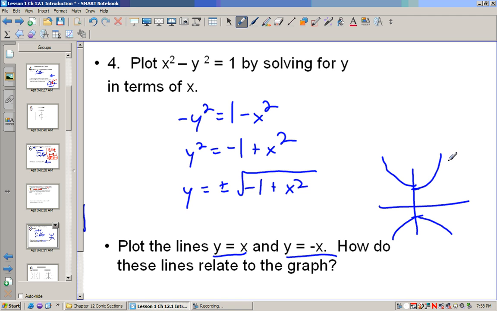And y equals x is going to be an asymptote here. Y equals negative x will be the asymptote here. So it comes down, it gets closer and closer to this line as we move to the left and as we move to the right.